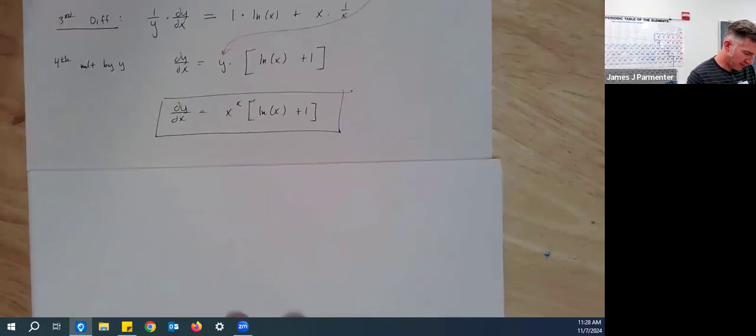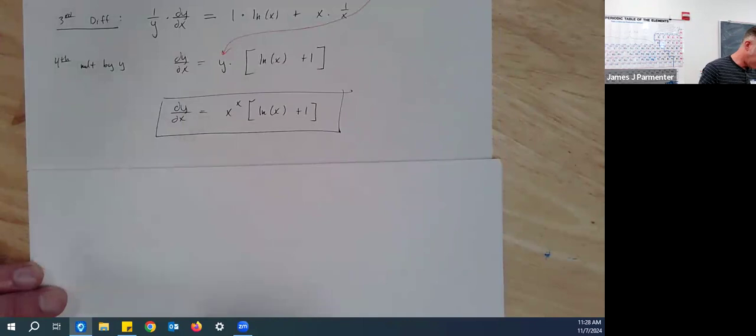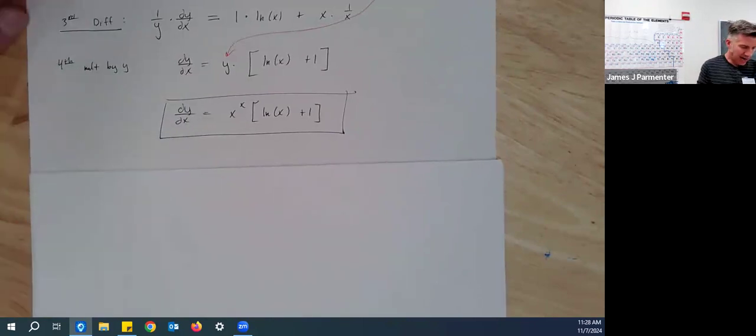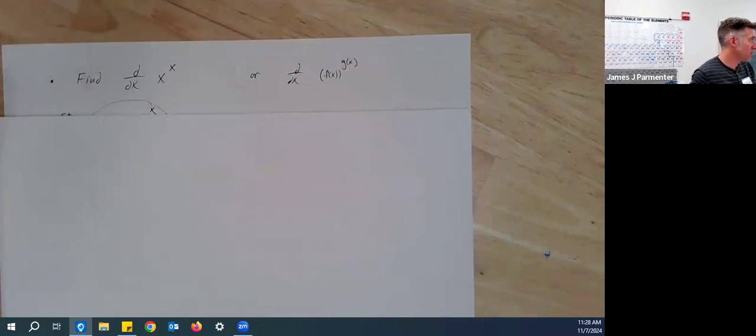Let's say we have... and I'll point out, I did write this one in maybe the cruelest way possible, because I wrote it in a way that didn't remind you that you need to start off by writing y equals x to the x.